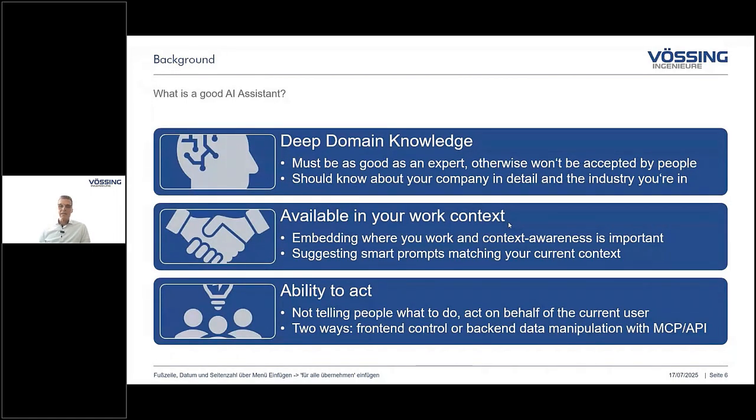Imagine an AI is embedded into an app of yours, and it is a senior expert level AI that can answer any question. And then you ask, how should I handle this in this application? And it says, please click here, then click there, then enter this, and then click there.